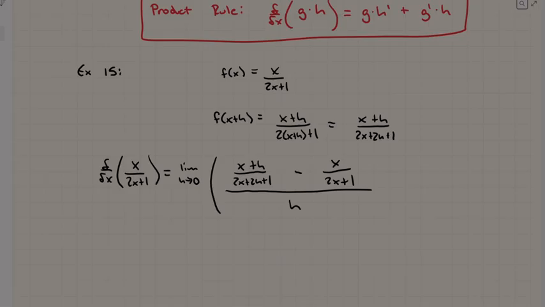And before we move forward, we see we're going to want to mess with that numerator. So we're going to need to give it a common denominator, and we'll just do that by multiplying by the other denominator stacked over itself. So 2x plus 1 over 2x plus 1 on the left side, and 2x plus 2h plus 1 over 2x plus 2h plus 1 on the right side.